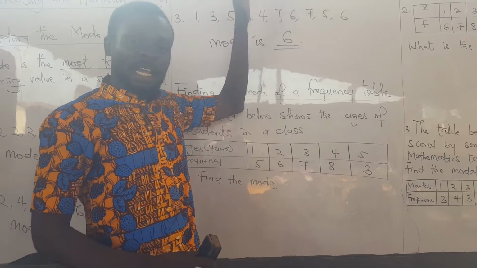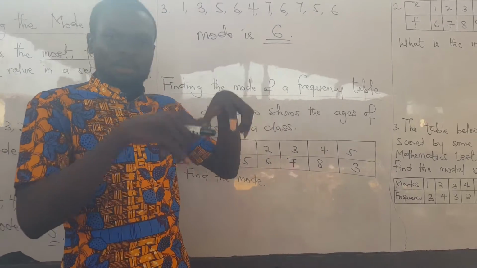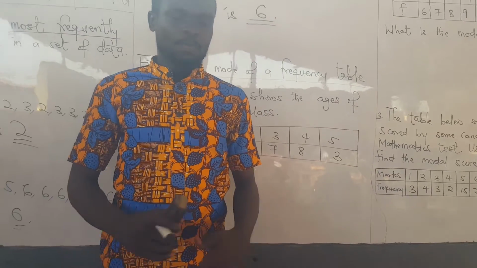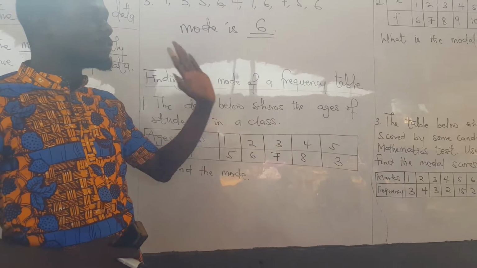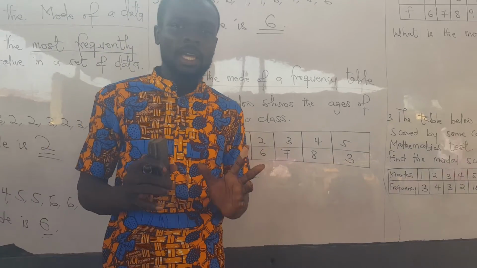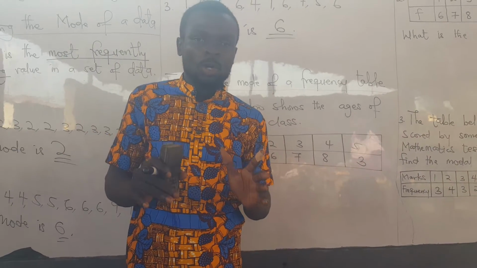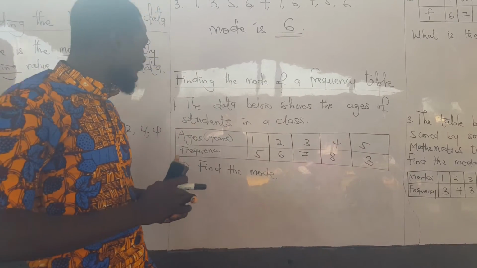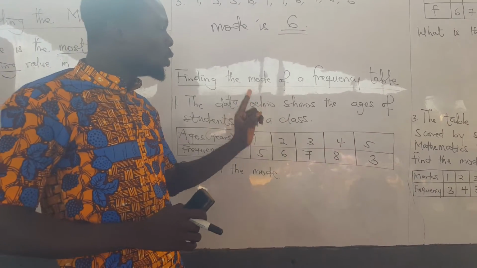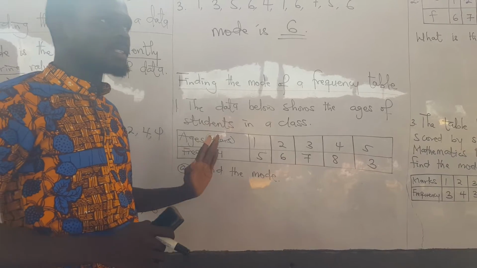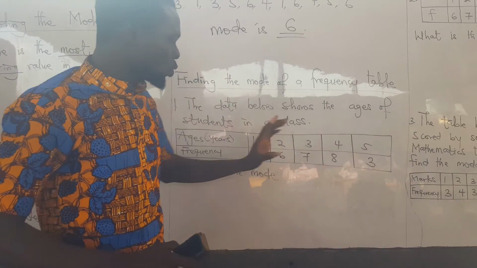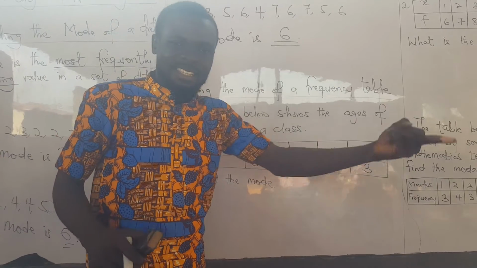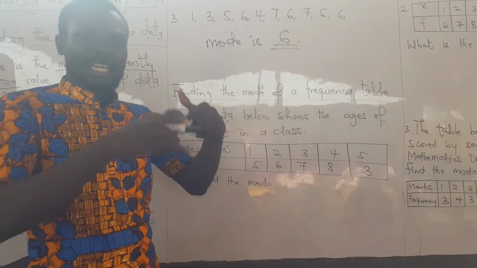With a set of data, we were told that the mode is the value that occurs most. Now, when it comes to the frequency table, there is a bit of change in finding the mode. The first example says that the data below shows the ages of students in a class.